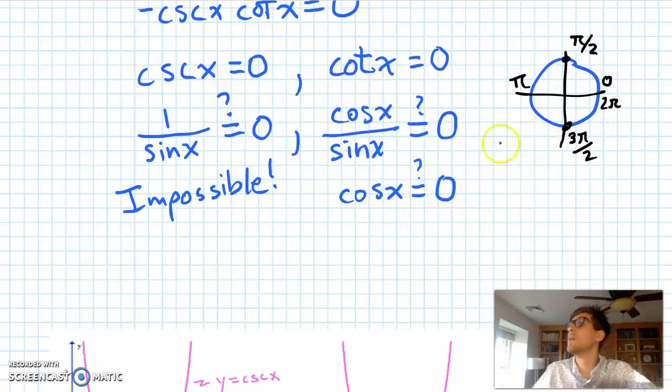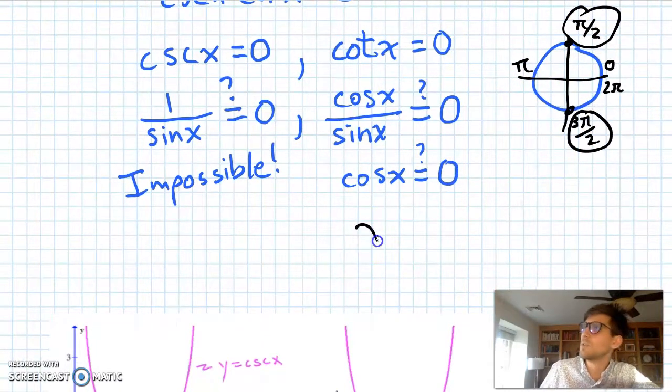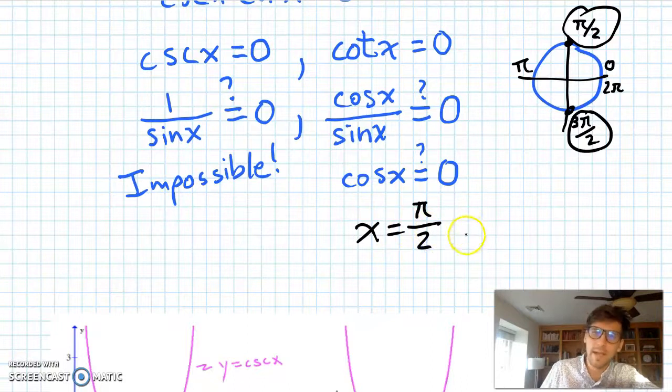So it looks as though it would be at these two x values if we're talking radians. X would be pi over 2 and 3 pi over 2.